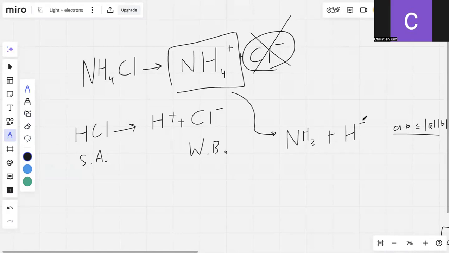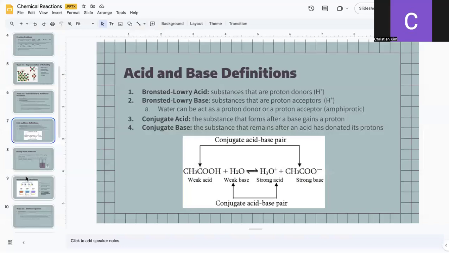Because this NH4 plus is giving up an H plus, we consider NH4 plus to be an acid. But it's coming from NH4Cl, which is a salt. So when the salt dissociates within water, it produces something that can give up an H plus, thus satisfying the definition of a Bronsted-Lowry acid. That's why we call it an acidic salt, and that's essentially what we mean by acidic salts.